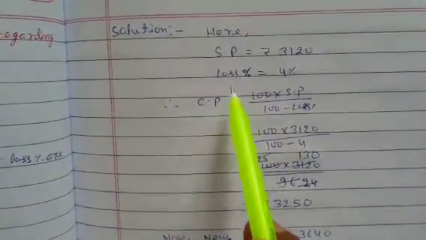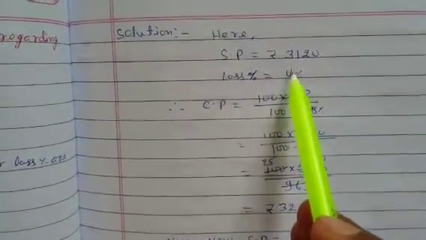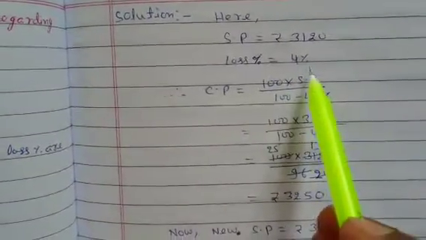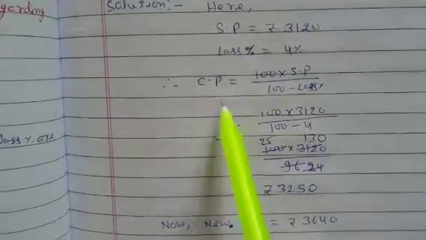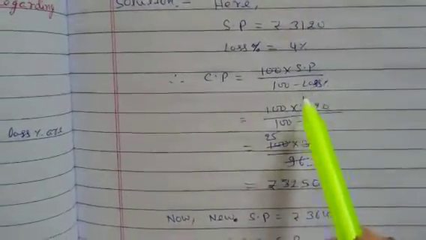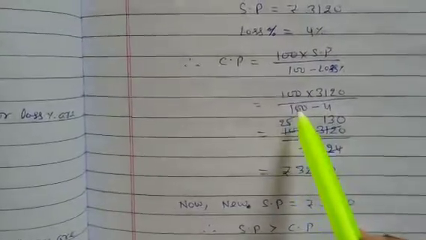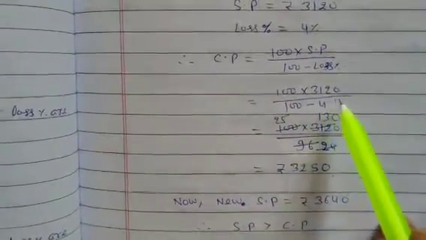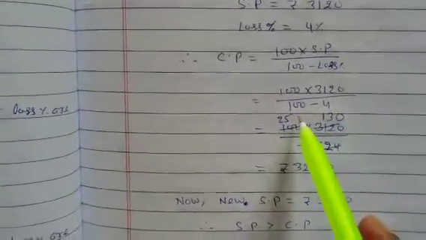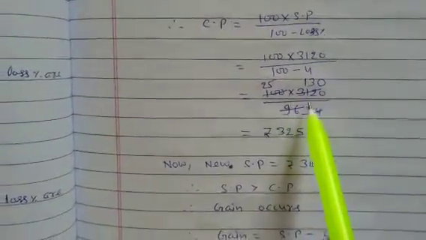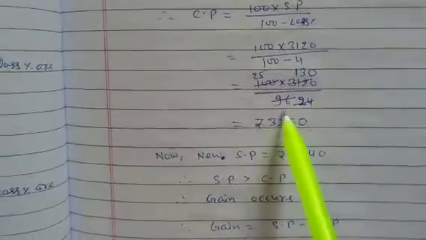Here SP is equal to rupees 3,120 and loss percent is equal to 4%. So CP is equal to 100 into SP by 100 minus loss percent, equal to 100 into 3,120 divided by 100 minus 4, equal to 100 into 3,120 by 96.